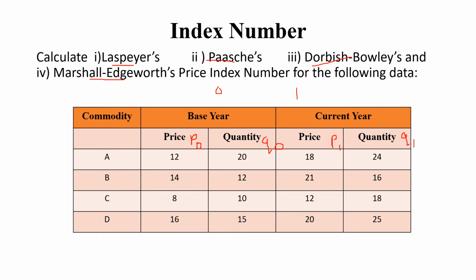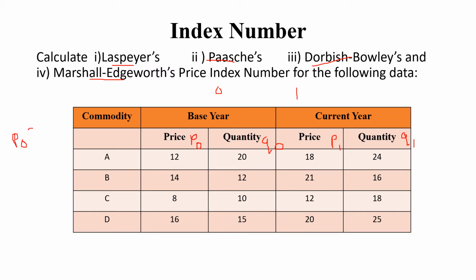Now the commodities are given to us, that is A, B, C, D, and base year price and quantity are given. Current year price and current year quantity are given to us. We need to calculate all these concepts. Whenever we calculate, we need to put down all these columns first, and after that we need to plot some of the columns, that is P0 Q0.